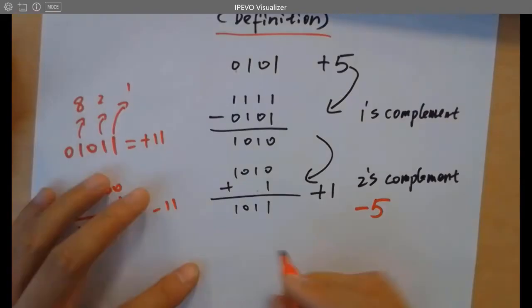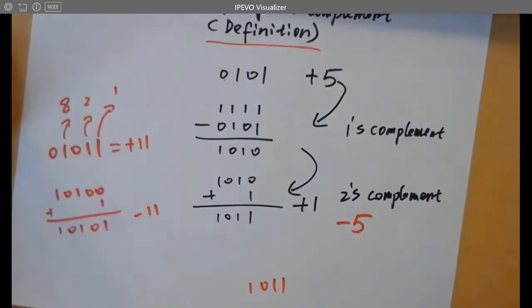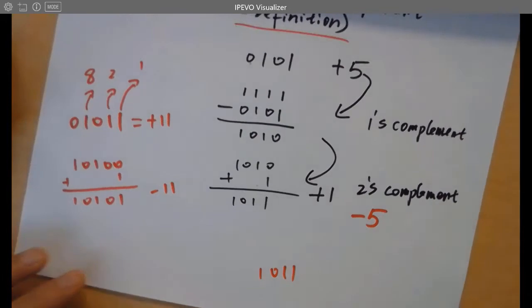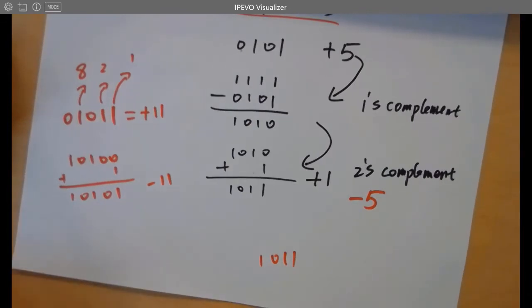So now I give you another number, 1011. You actually couldn't tell. Your brain could not resolve it. What is this number in 2's complement? You don't know. You have to convert it back. How to convert it back? Minus 1, invert, right?